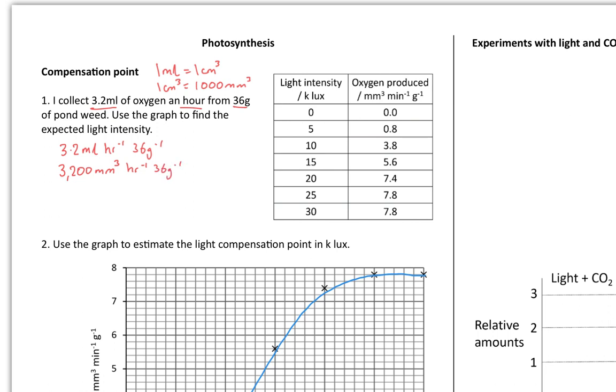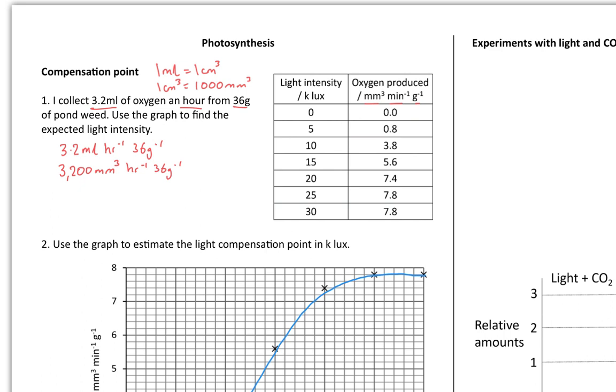So now let's go into per minute, because I need to get this in the same units as I've got over here. So I need to divide by 60. Do I multiply or divide by 60? Well, it's going to produce less gas in a minute than it would in an hour, so I'm going to divide by 60.